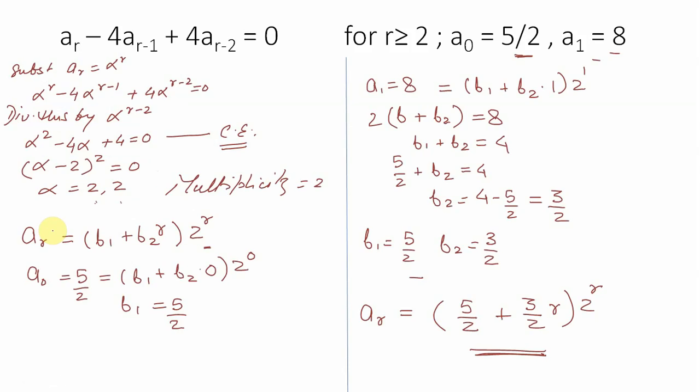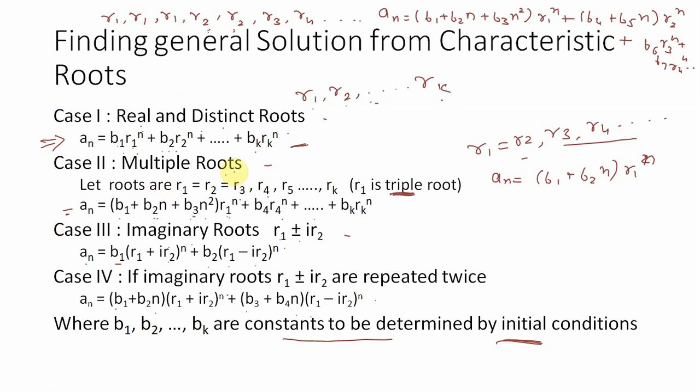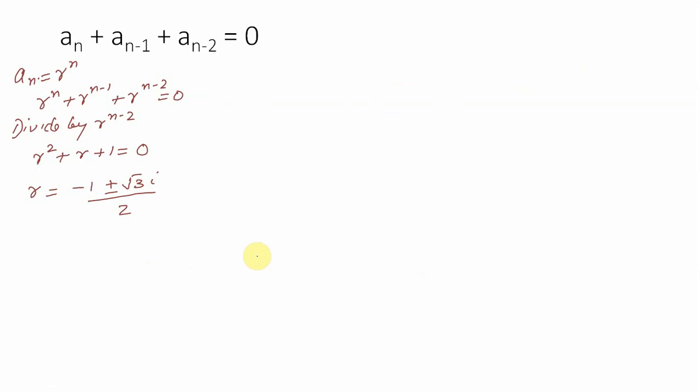See, if there are imaginary roots, we get b1 (r1 plus i r2) to the power n plus b2 (r1 minus i r2) to the power n.